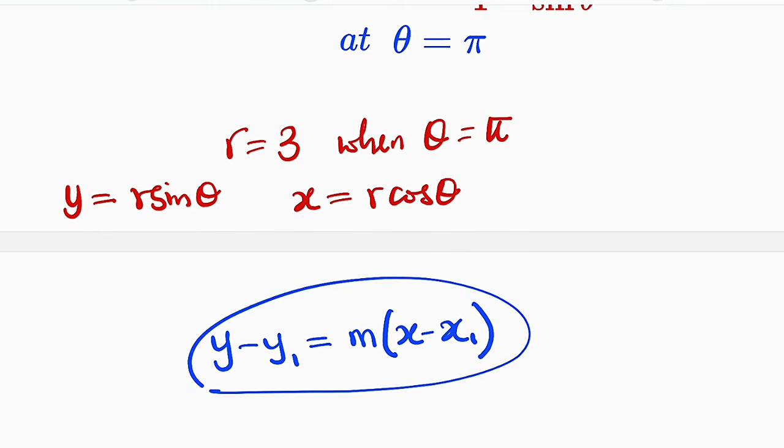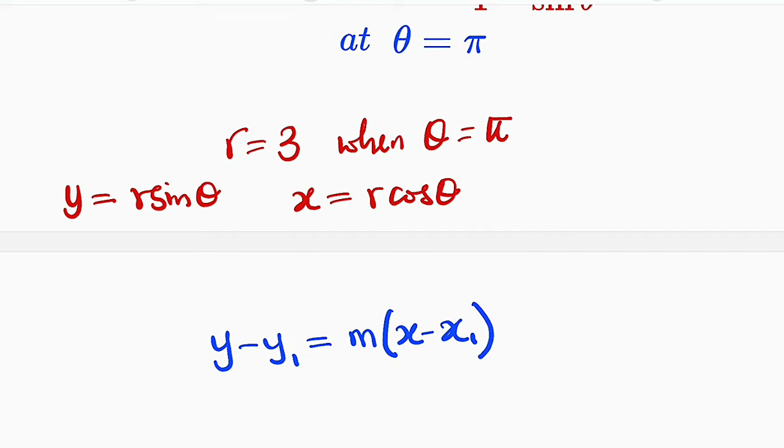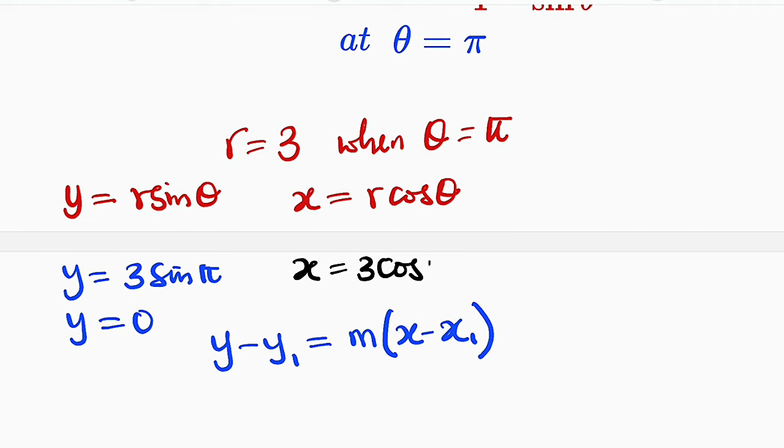Before we come to this, I would like to find the value of y and x so that we can plug them directly here. So we know that y is equal to r, which is 3, times sine of pi. Sine of pi is 0. 0 times 3 is equal to 0. Then for x, it is equal to r, which is 3, times cosine of pi.